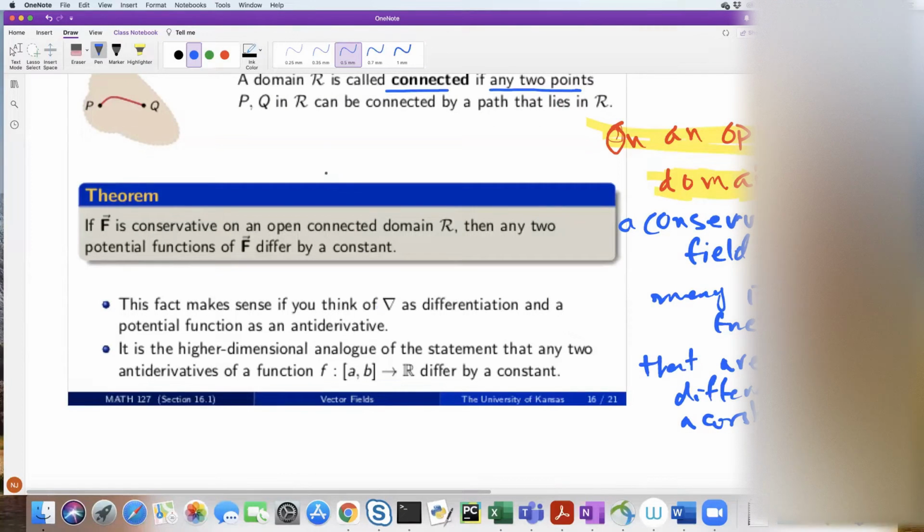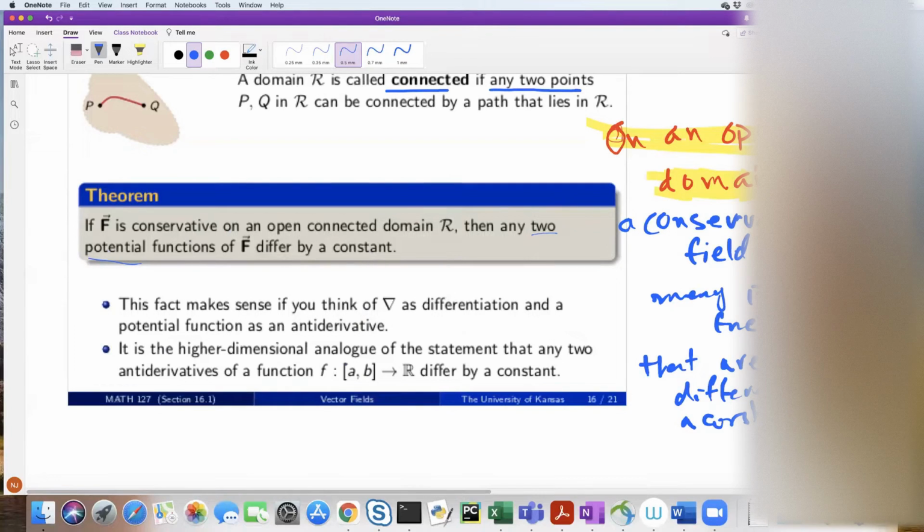Now, that said, the next thing that we said is that if a vector field has a scalar potential, it probably has infinitely many scalar potentials, and every two of those differ by just a constant.